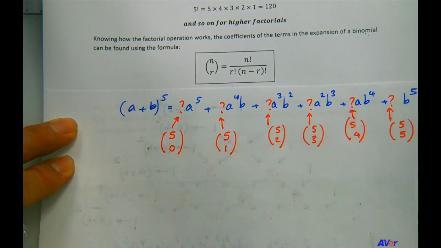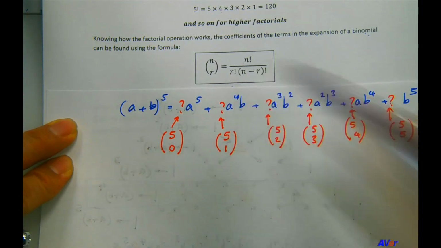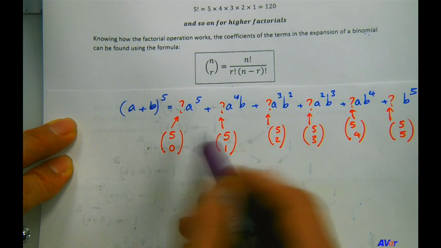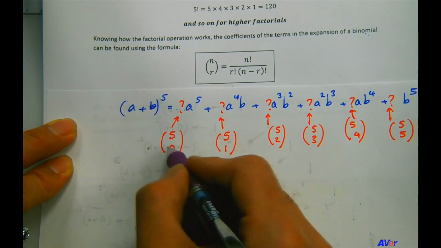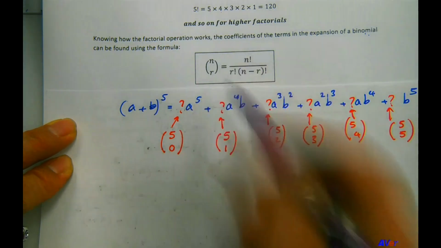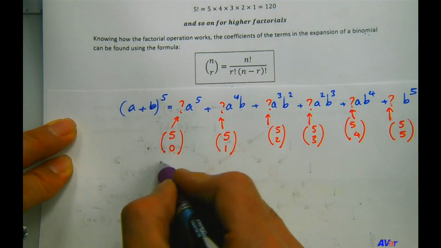So when we do this, either using the formula or using the calculator, it's going to give us those same coefficients. So 5 choose 0 equals 1, and 5 choose 5 is also equal to 1. That's what you get from this formula.